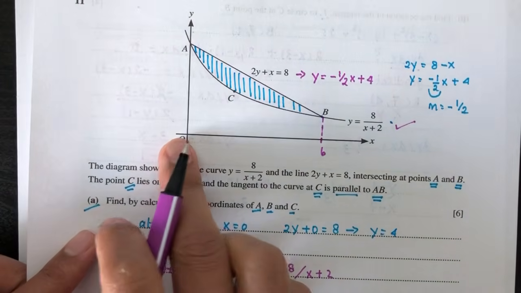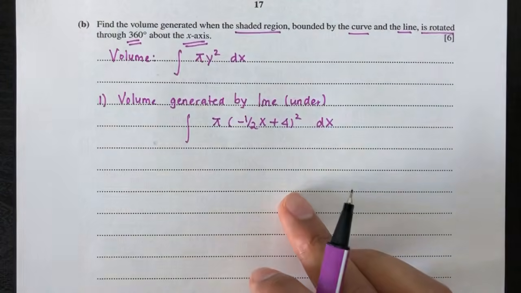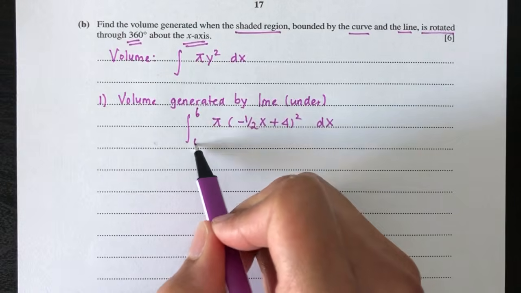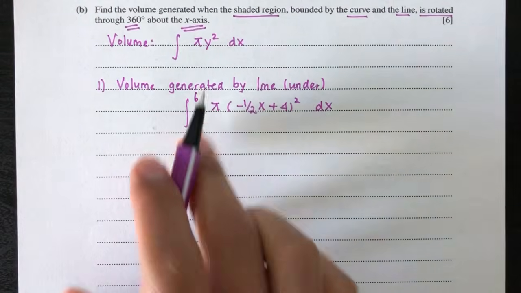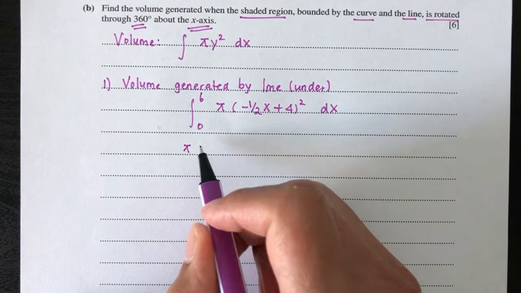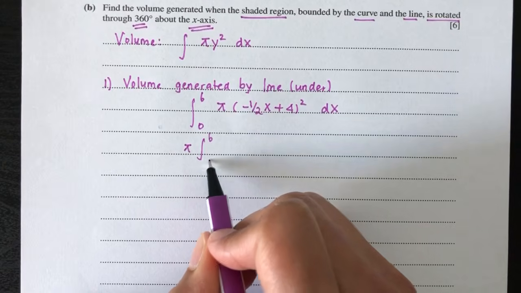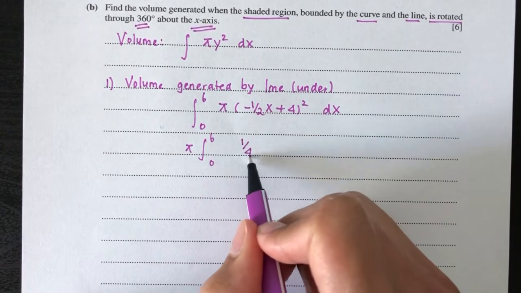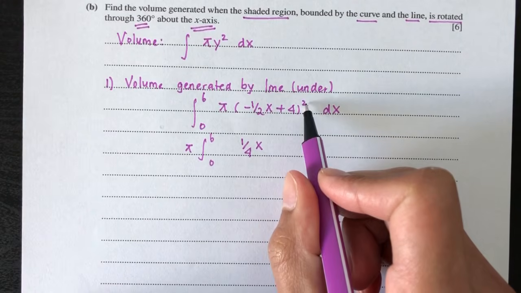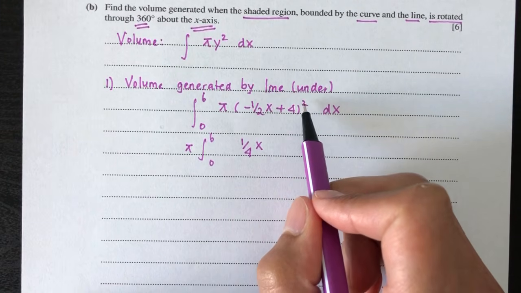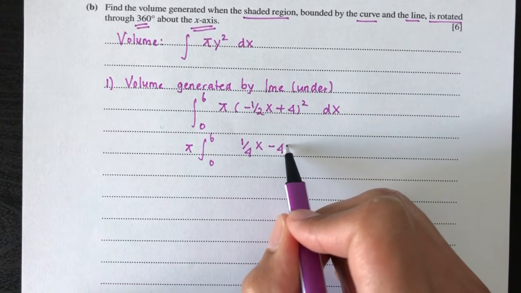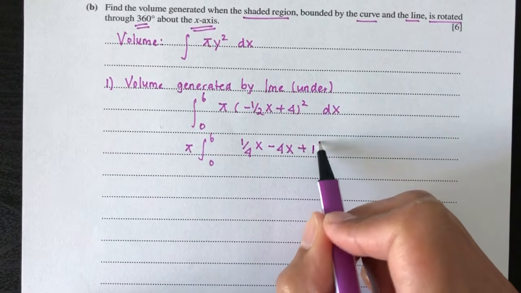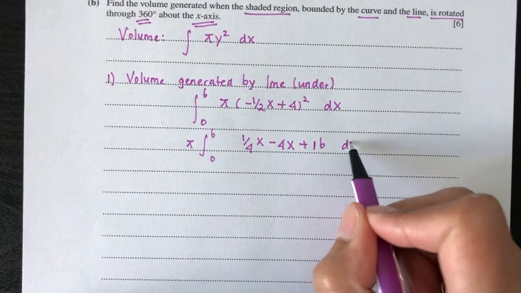As you can see, it will be from 0 to 6. This one is just a multiple, so we can take this value out. Let's simplify. That becomes 1 over 4 x squared, so 2 times this becomes minus 4x plus 16 dx.